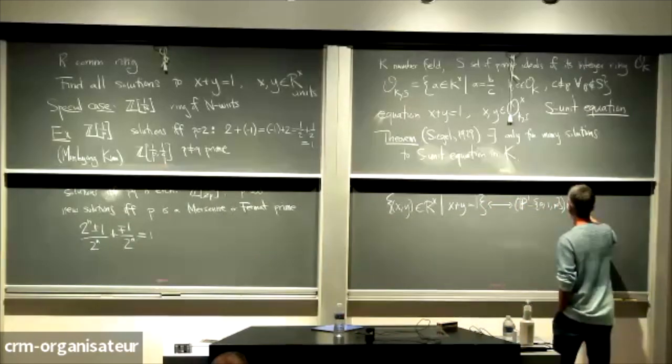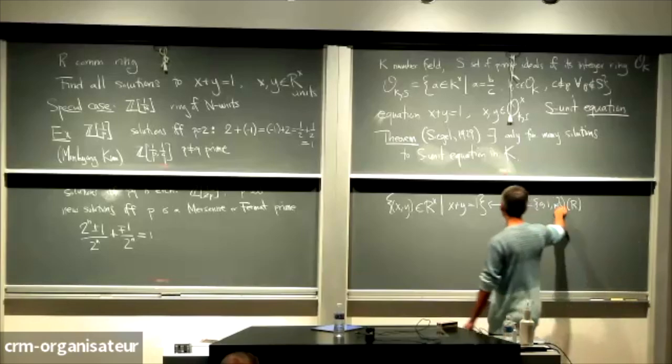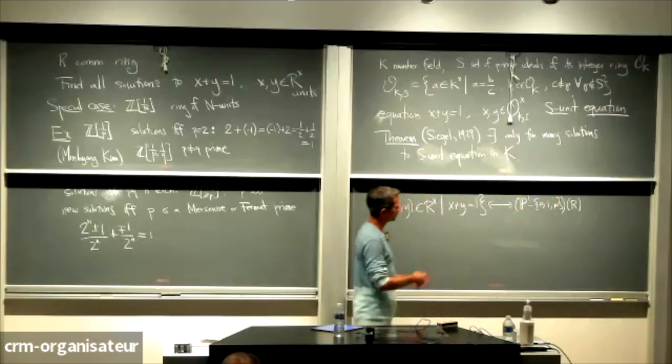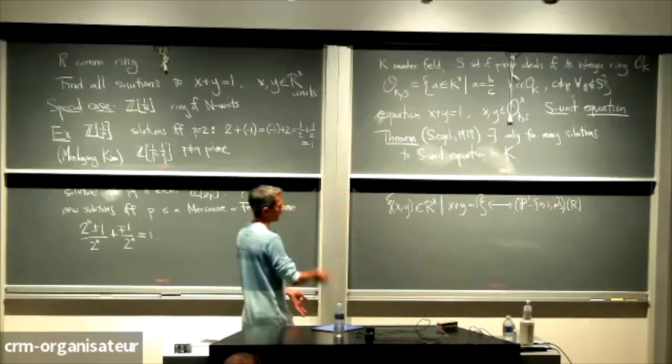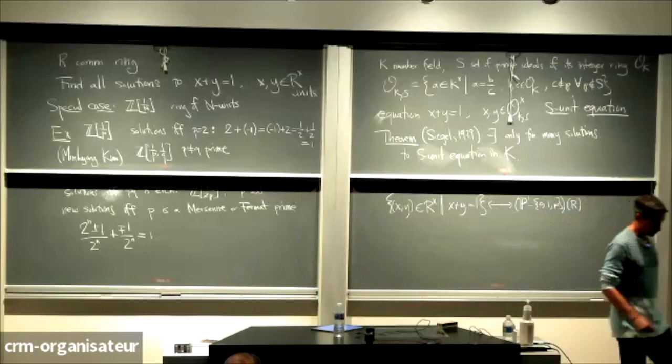So what does this mean? P1, if I subtract out infinity, just becomes the affine line A1, the plane. Now I'm removing 0 and 1.